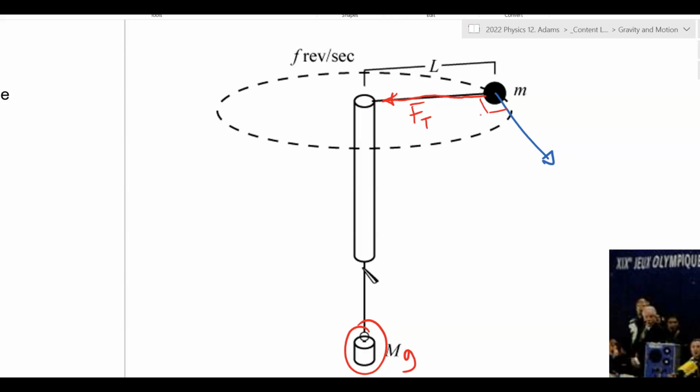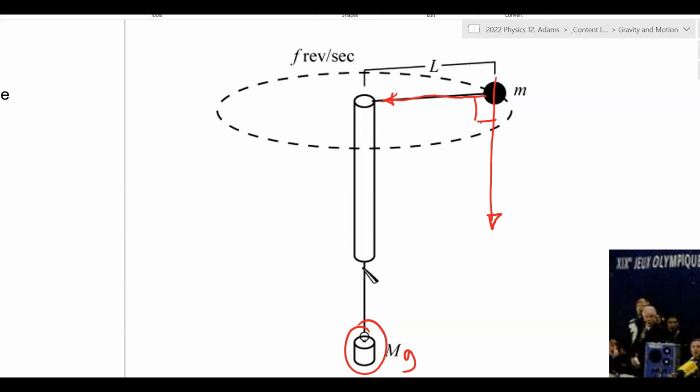Secondly, why can we ignore the effects of gravity in this circular motion question? We go back to our understanding of components, and we know that gravity is acting straight down. What it means is that there is no component of gravity acting in the direction of motion at all times.